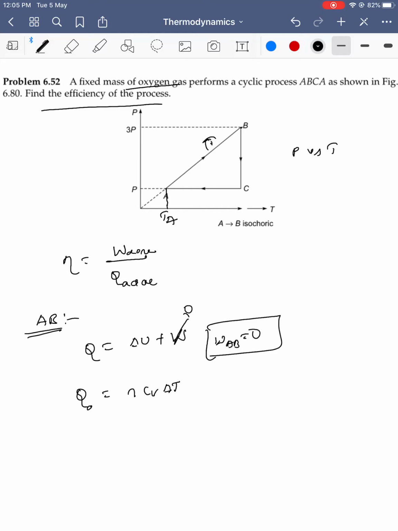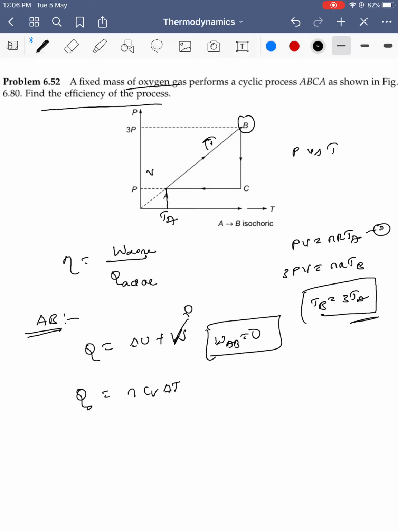I'm assuming the volume also V. PV is equal to nR into TA at the process A, and at B, 3P into V is equal to nR into TB. So TB becomes 3 times TA.